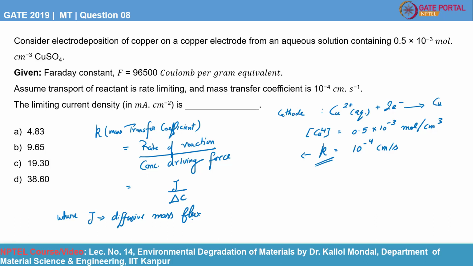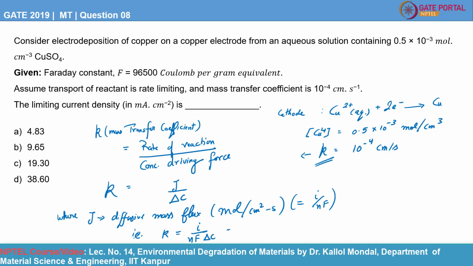Or in other words, it is the mass transfer by diffusion per unit time, per unit area normal to the direction of mass transfer, and the unit is mole per centimeter square second, and mathematically it is equal to I upon NF. So you can write this equation as the mass transfer coefficient is I upon NF delta C.